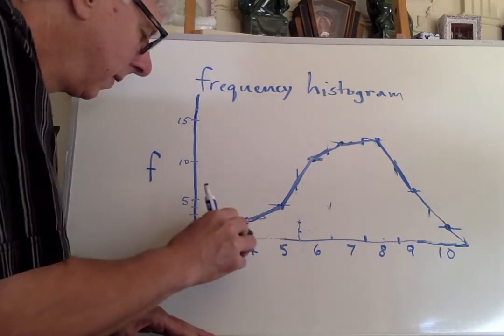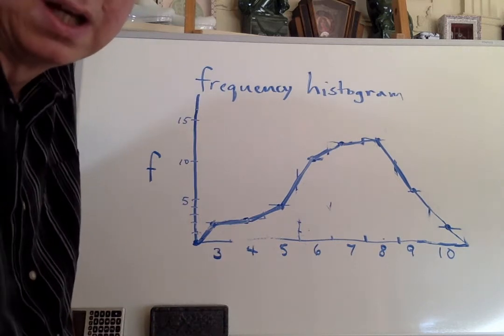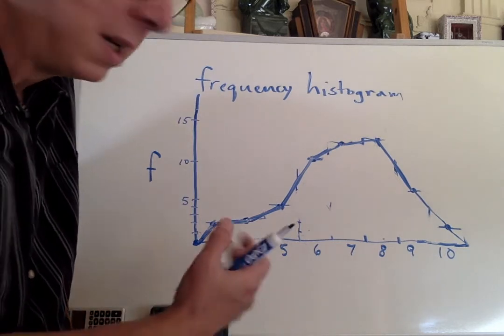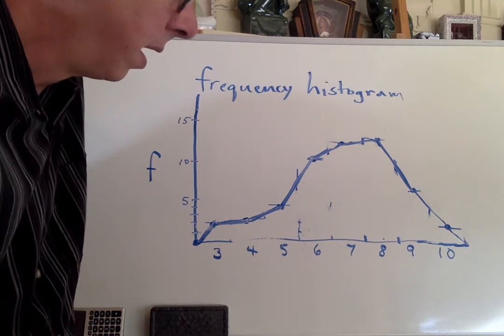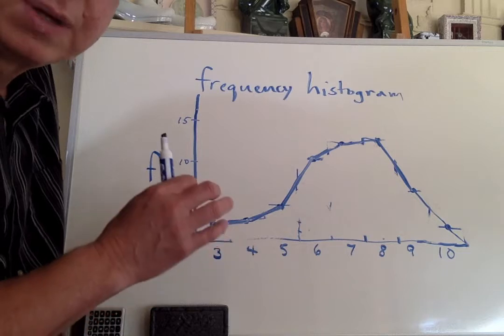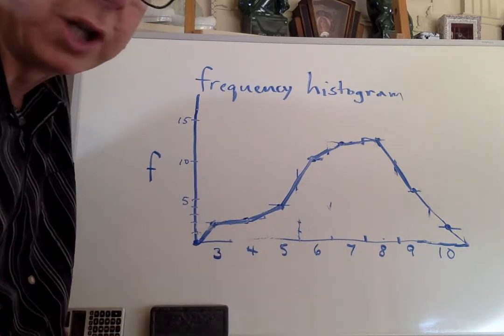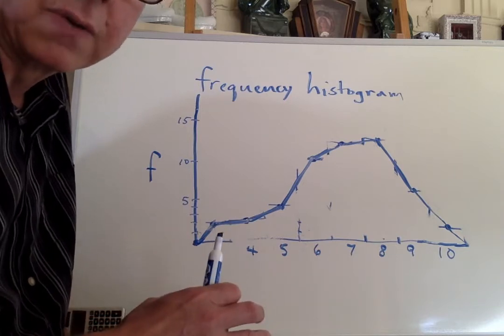Again, some people use polygons. I don't particularly like them. I like the straight up frequency histogram a little bit better. But this is what a frequency polygon is, and I'll be talking about that in a few minutes in terms of talking about general shapes of curves.